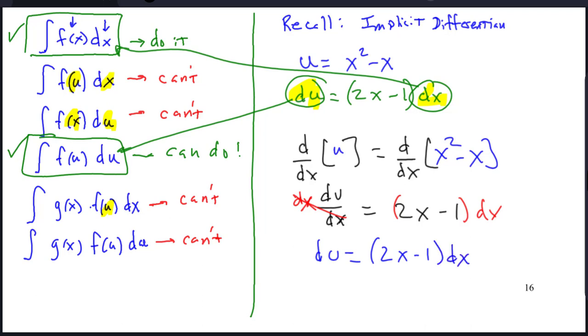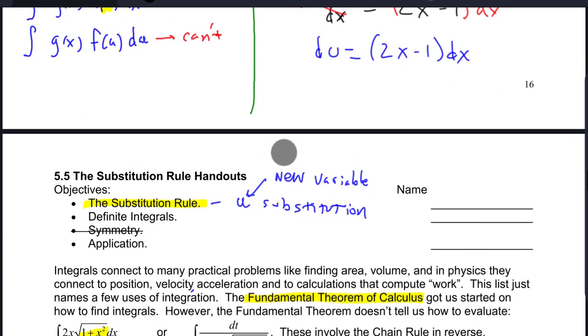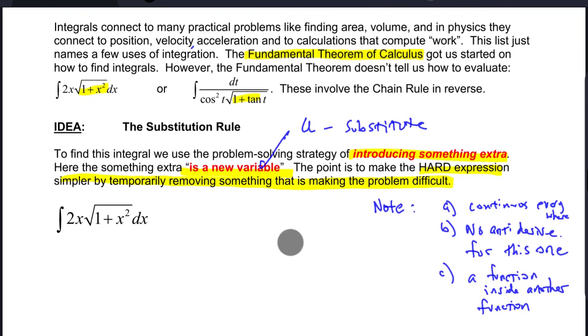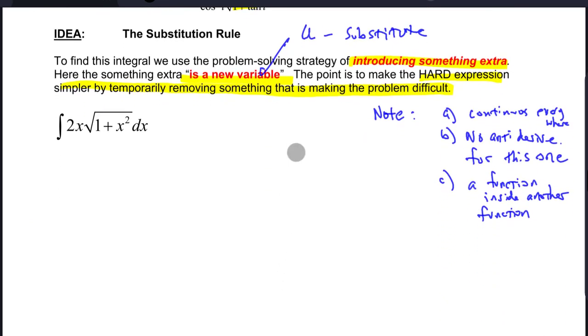Okay, so this is just a little warm-up, a simple version of implicit differentiation, but those are two things we needed to review a little bit here. We're going to use both of those concepts to help us solve this hard problem. Okay, so how does the U-substitution strategy work? You look for part of the problem that's making it extra complex.